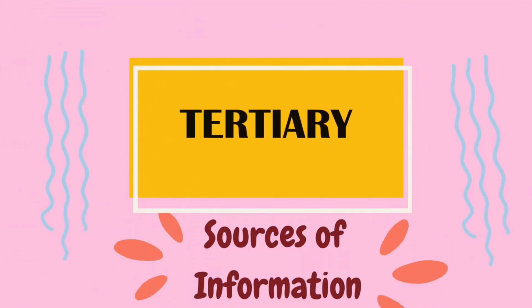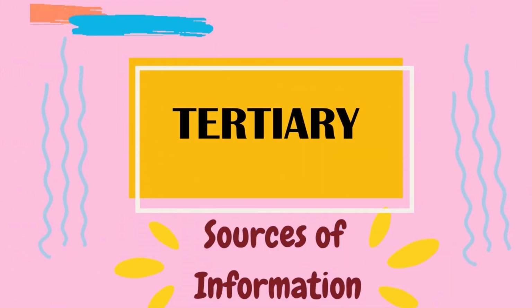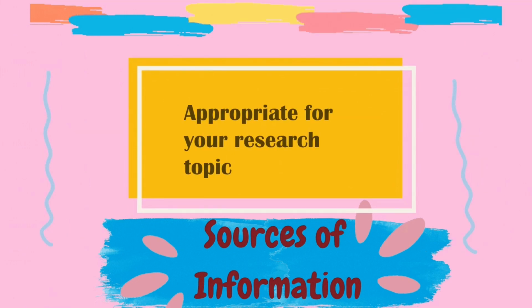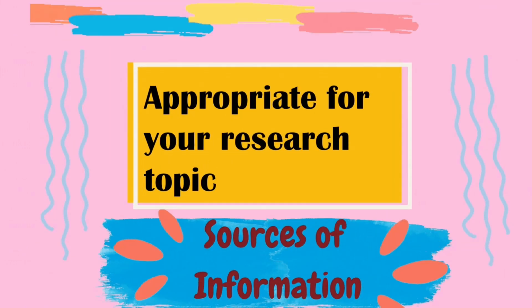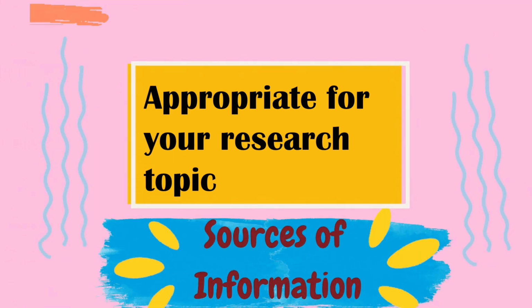Generally, sources of information may be classified as primary, secondary, and tertiary sources. It is essential to understand these classifications and identify which one is appropriate for your research topic.